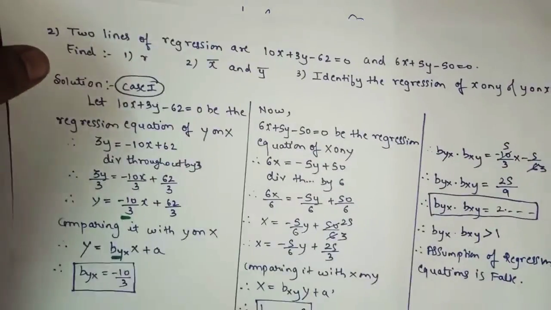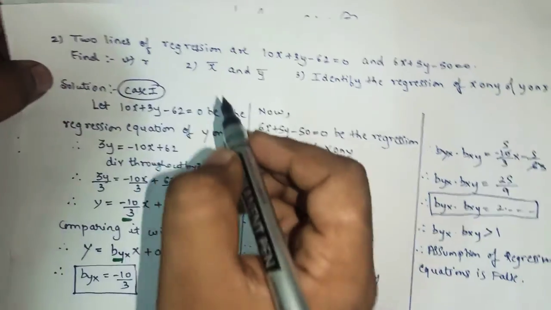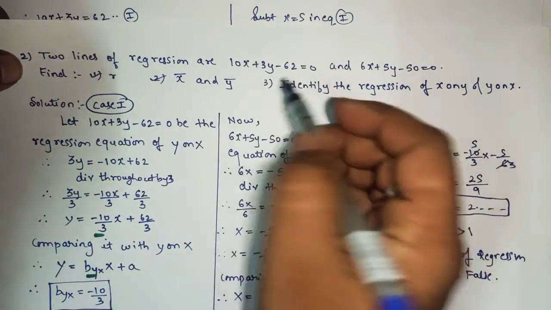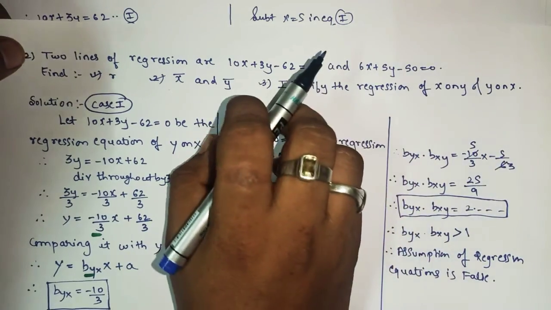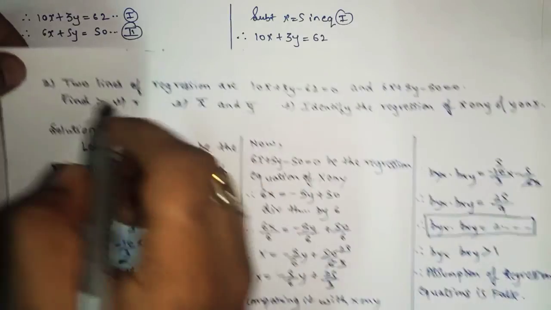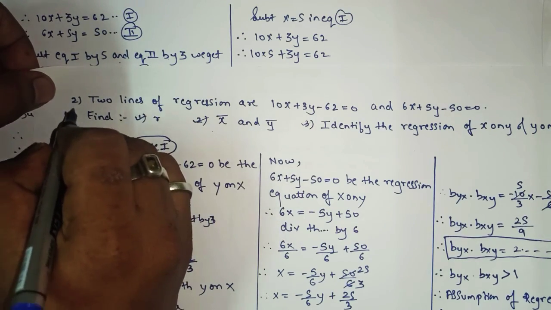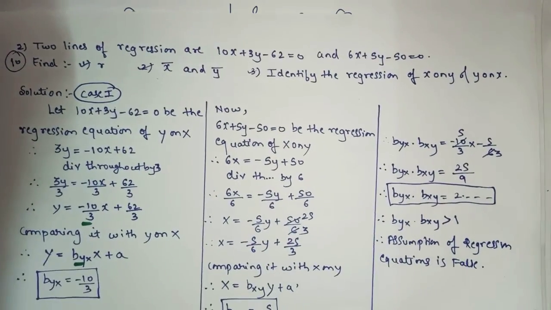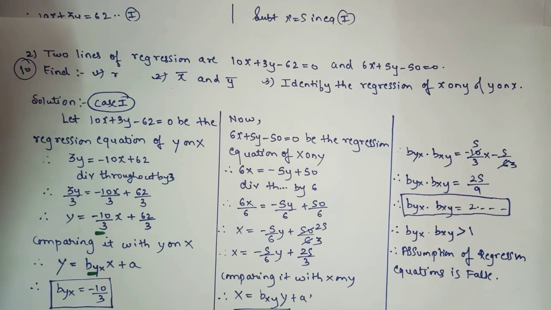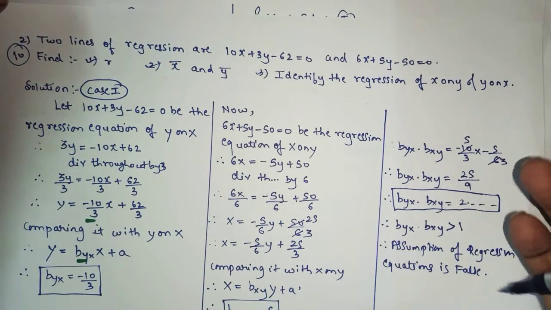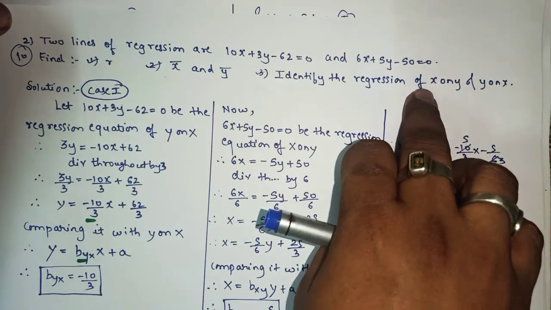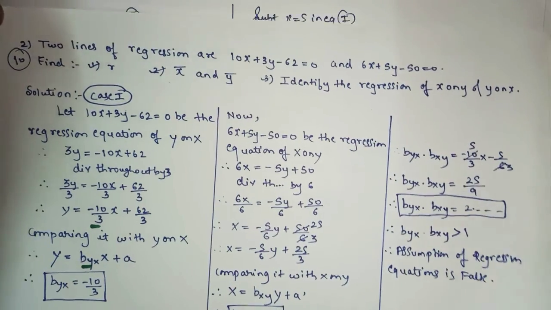Okay, so done with the first, second also. Now we'll see the third one in this question. The same question is there in the exercise, question number 10, where you have to identify the regression of x on y, or sometimes they will say you have to find y on x also. So here I wrote you have to find the regression equation, both x on y and y on x.